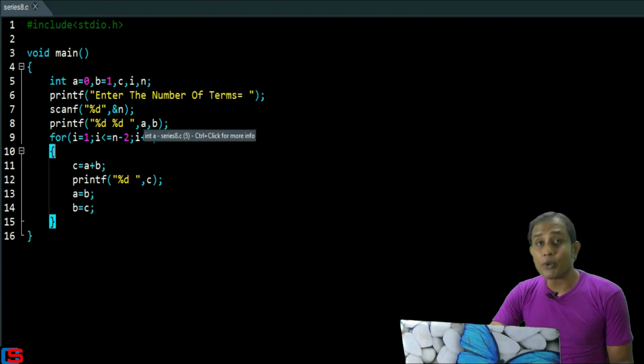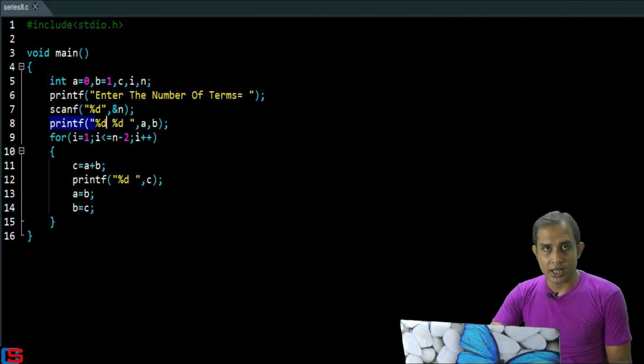Before starting the loop, a and b are printed, and then I do the same operation as shown on the board: c equals a plus b, print it, then a is initialized by b, and b is initialized by c, and the loop executes and the desired Fibonacci series will be generated.